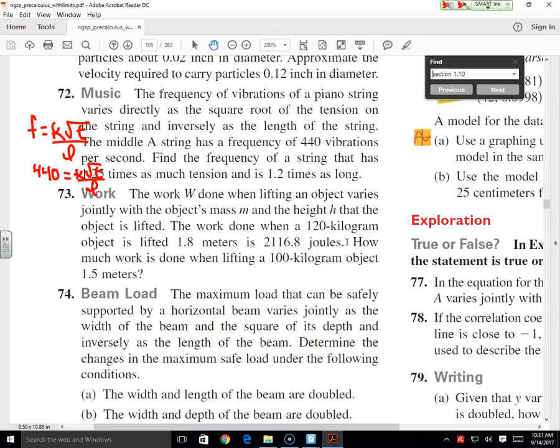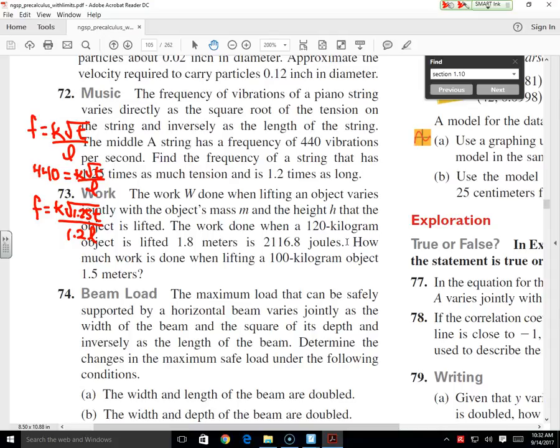Well, now there's a whole other equation, of another note with 1.25 as much tension as this guy, and 1.2 times as much length as that guy. So these L's talk about the same thing. This L is the L of middle A, this T is the tension of middle A.